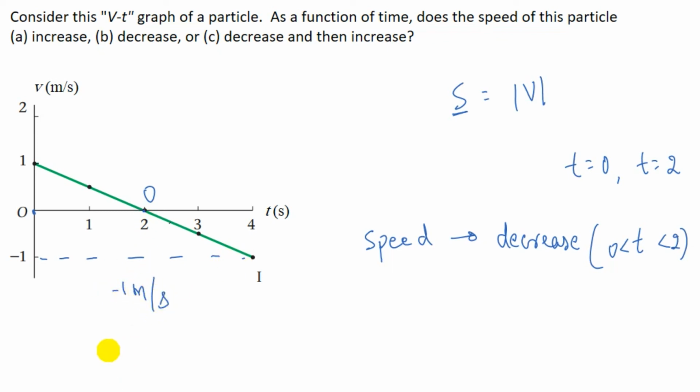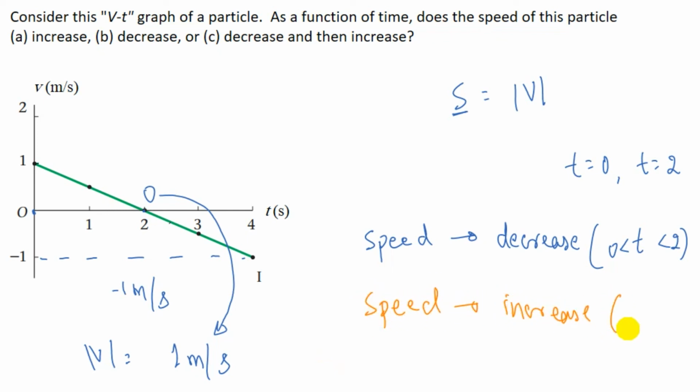So the magnitude of the velocity would be 1 meter per second. So actually the speed has increased from 0 to 1. So we can say that the speed increases for time interval t greater than 2 seconds. So we can say that option C is correct, this one, that the speed first decreases and then increases.